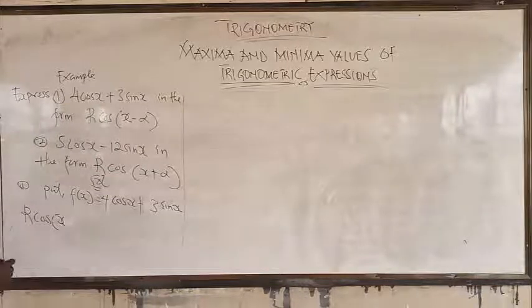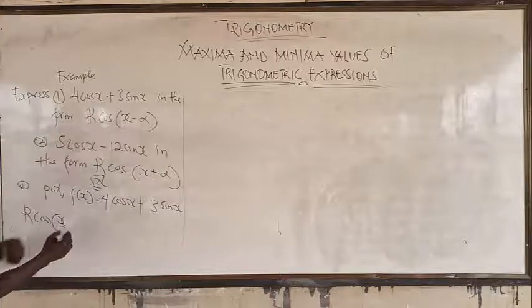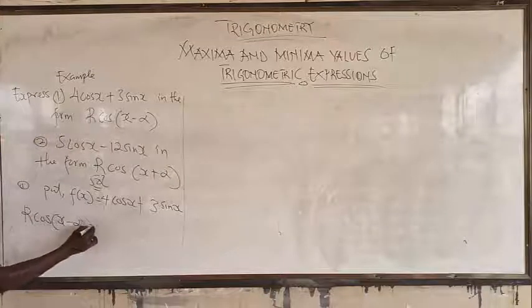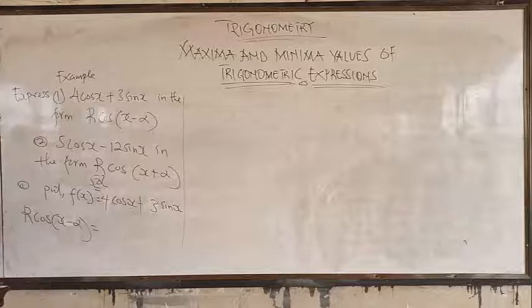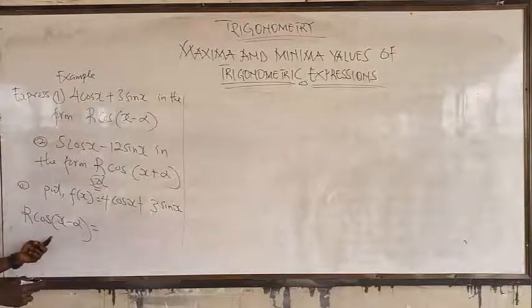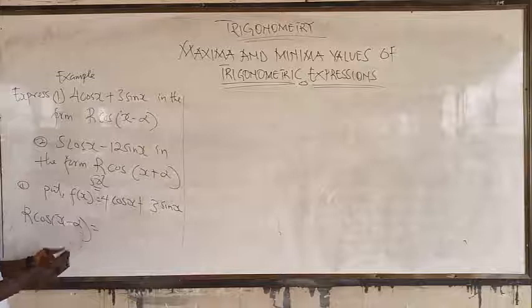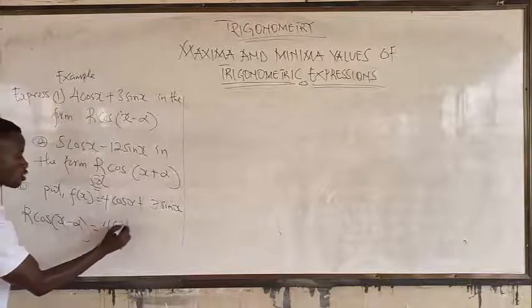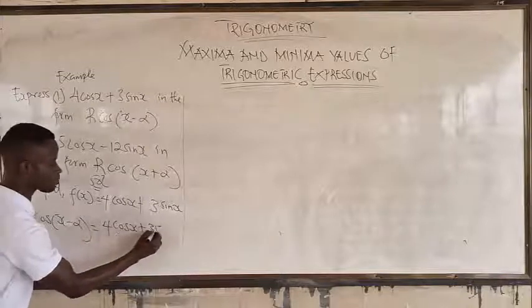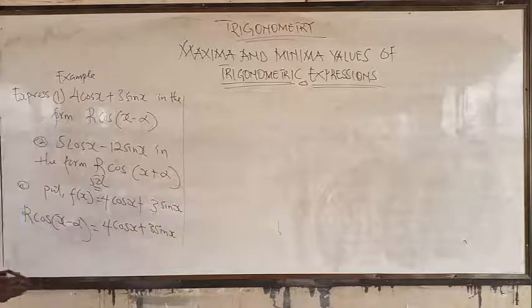That means that we have to equate cos(s minus alpha) to be equal to 4 cos s plus 3 sin s. The same procedure as we have already gone through.